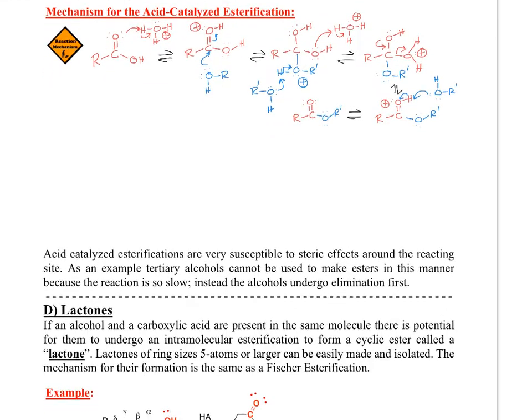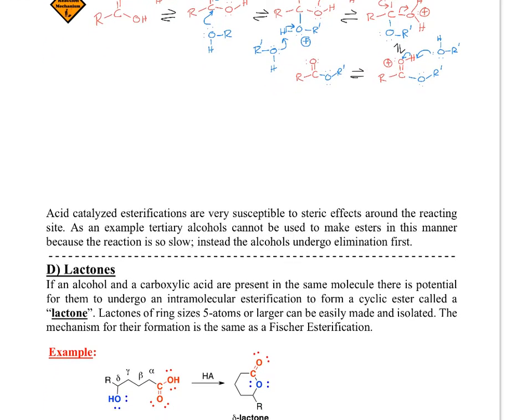Now, the one thing that you have to keep in mind, especially when running a Fischer esterification, is that it is very susceptible to steric effects around the reacting site. So tertiary alcohols, it's very difficult to create tertiary esters this way. So a t-butyl ester you would have a hard time making under Fischer esterification conditions.